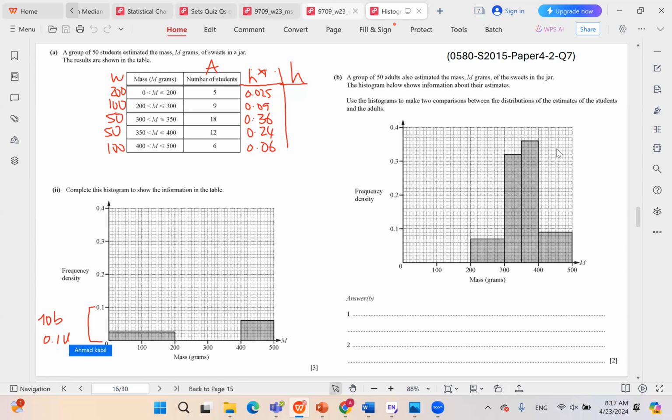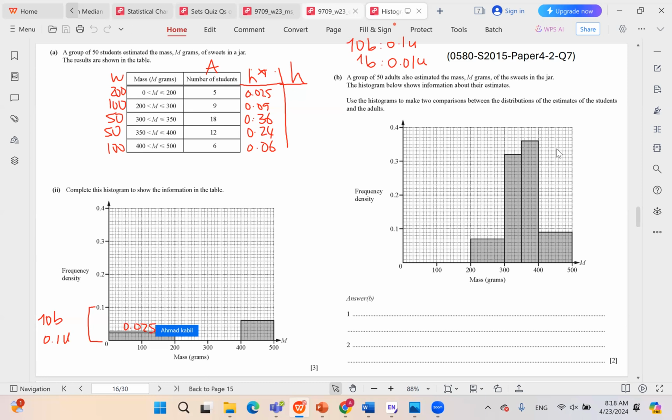So the ratio will be 10 boxes first to 0.1 units. So 1 box is 0.01 units. So now that we have the information we need, 1 small box is 0.01. So the height here will be 2 boxes and a half, which is 0.025.